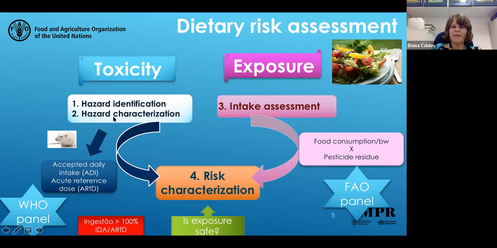The hazard characterization step will lead to the estimation of the acceptable daily intake, the ADI, and the acute reference dose, the ARfD. In most cases, the derivation of the ADI and the acute reference dose is done based on laboratory studies.